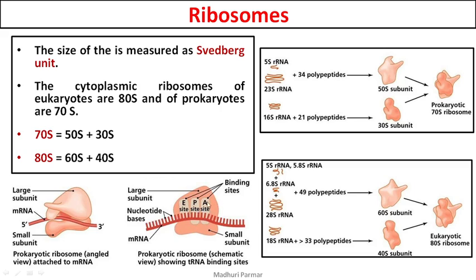This peptidyl transferase is the only enzyme which is actually made up of RNA, not proteins. There are two types of enzymes. One are normal enzymes which are made up of proteins, and others are called ribozymes. Ribozymes are made up of RNA and they have catalytic power.